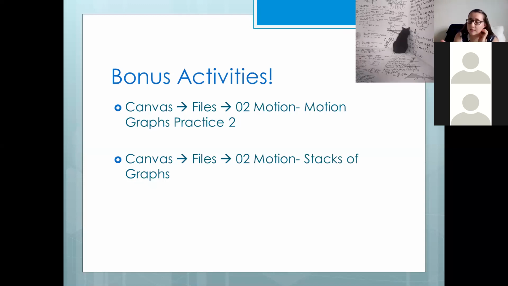So the stacks of graphs, I definitely recommend that you give this one a try. There are so many different scenarios and examples, and I just think it'll really help get this conceptual understanding a little bit better in a really wide array of possibilities.